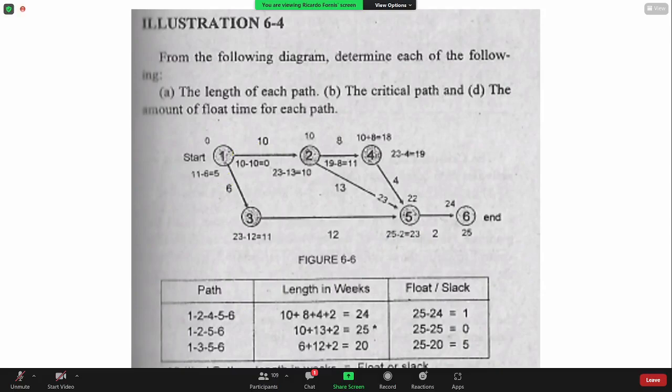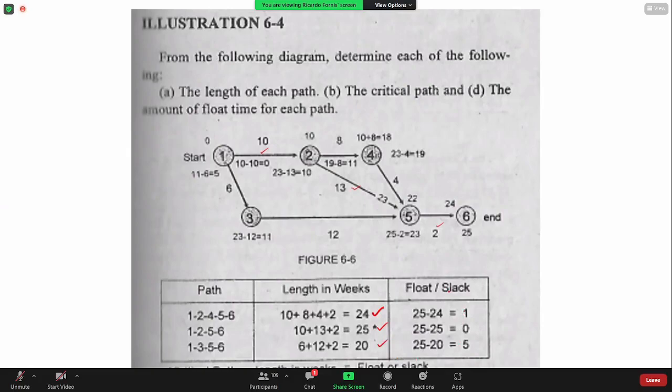Path 1, 2, 4, 5, 6: we have 10 plus 4, 8 plus 4 plus 2, so the duration is 24. Path 1, 2, 5, 6: that would be 10 plus 13 plus 2, which is 25. Then 1, 3, 5, 6: 6 plus 12 plus 2, 20.